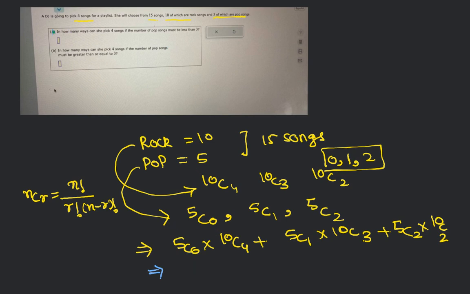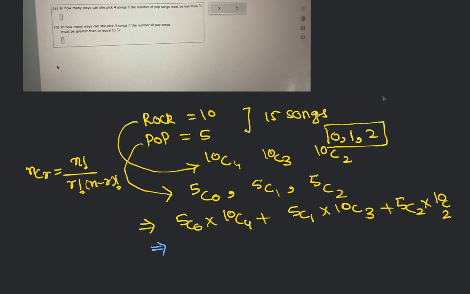Basically, if I write it in this form, it is 5 factorial over 0 factorial into 5 minus 0, that is 5 factorial. Then this one is 10 factorial over 4 factorial into 10 minus 4, that is 6 factorial.